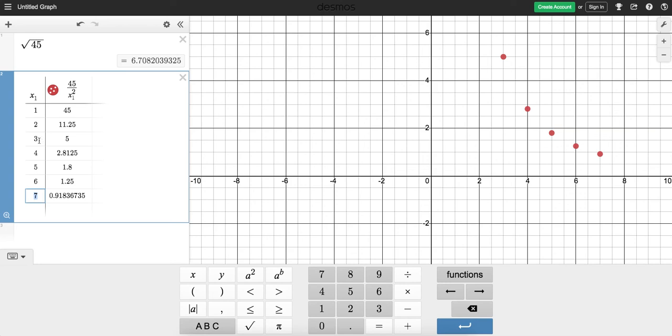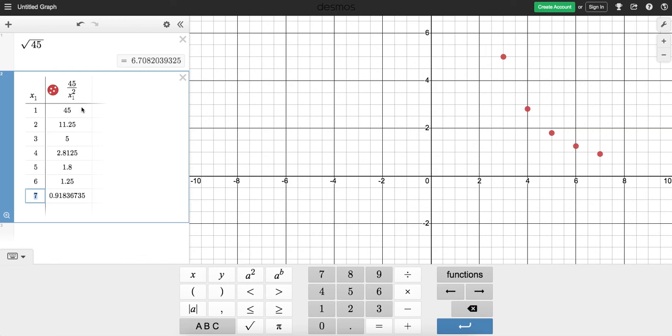In essence, by taking this 45 and dividing it by x1 squared, we're trying to find the largest perfect square that goes into 45. The larger the perfect square that goes into 45, the smaller this column's numbers will be.